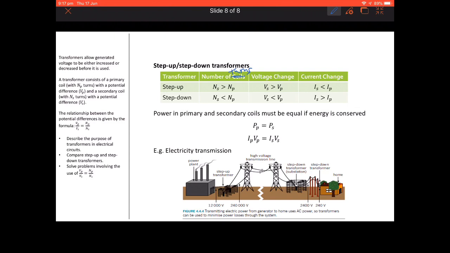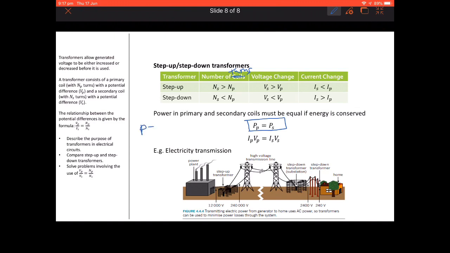Conversely, in a step-down transformer, the voltage is decreasing, so the voltage in the secondary coil is going to be less than the voltage in the primary coil. Therefore, the number of turns in the secondary coil is going to be less than the number of turns in the primary coil.